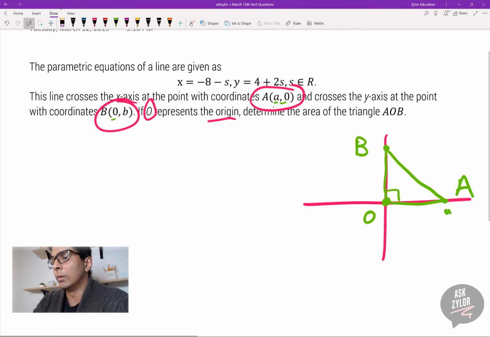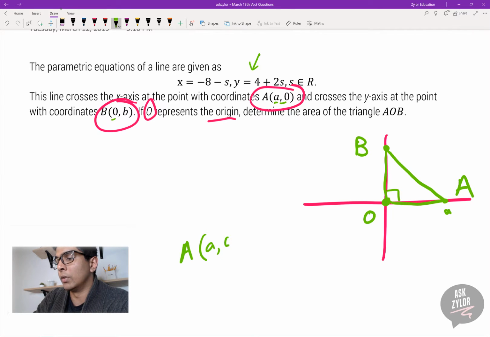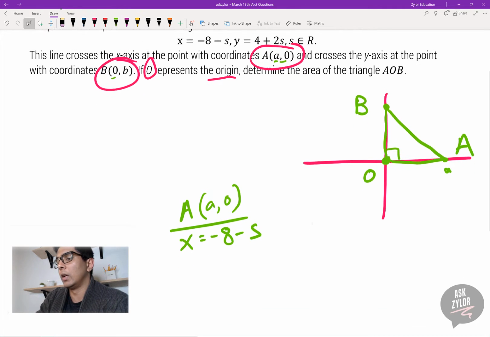So what I'm going to do is plug both these values into these equations. So I have A, 0. I'm going to plug that into x equals negative 8 minus s, and I'm going to do the same for my y parametric equation, 4 plus 2s. So my x value is going to be a. I'm just going to make that clear.